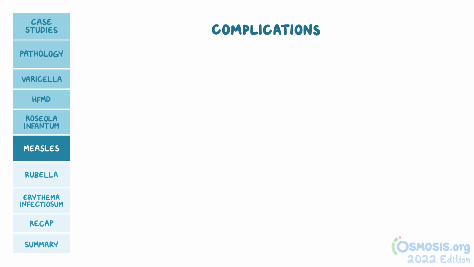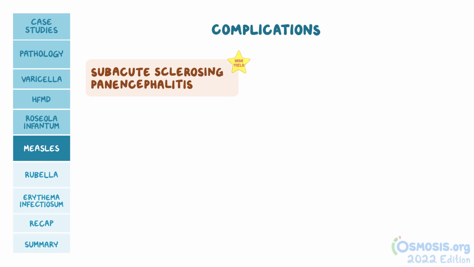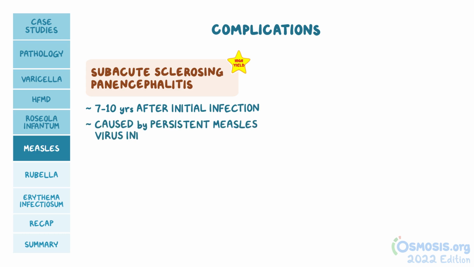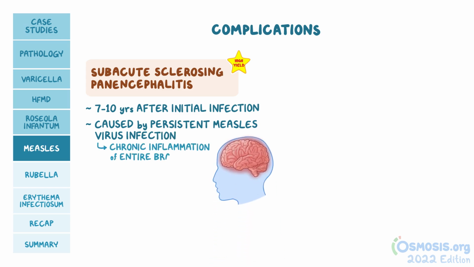Another severe and often fatal complication is the development of subacute sclerosing panencephalitis, which can happen 7 to 10 years after the initial infection. This is thought to be caused by a persistent measles virus infection, which leads to chronic inflammation of the entire brain.